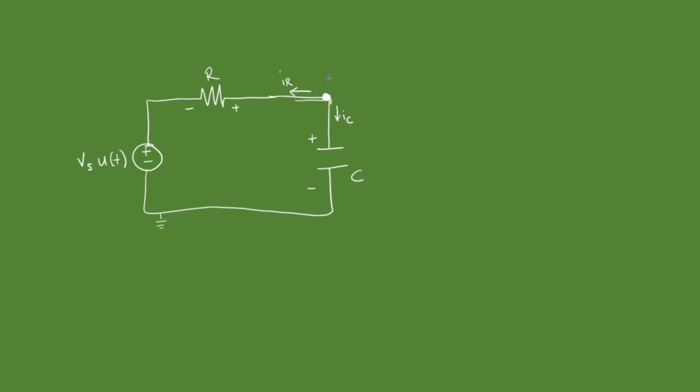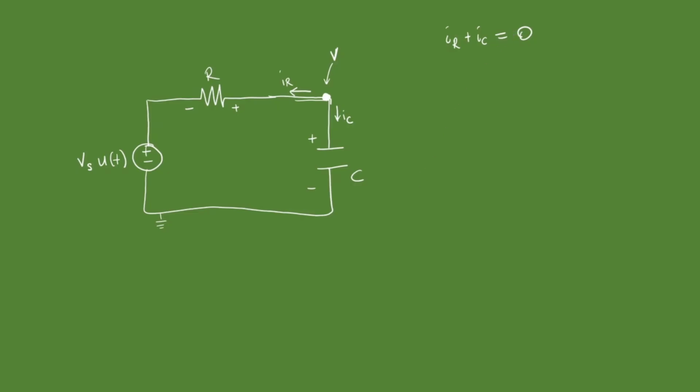The voltage at this node, let's call it V. This is KCL, Kirchhoff's current law. We have a node here, and we defined IR and IC as leaving the node. So what does that mean mathematically? That means that IR plus IC are both going to equal 0, since they're both leaving the node.